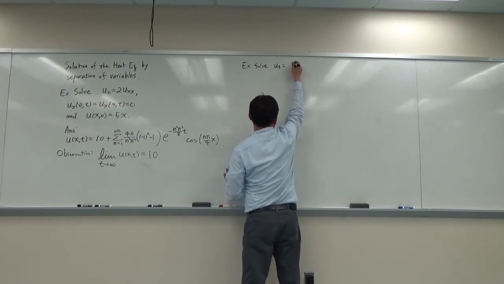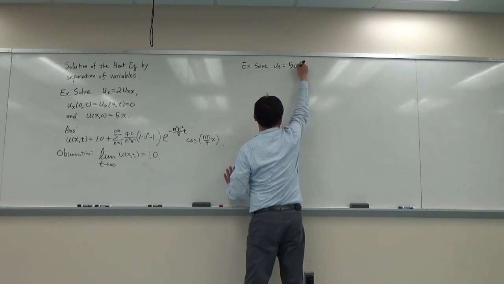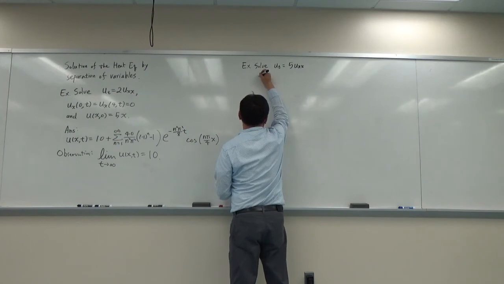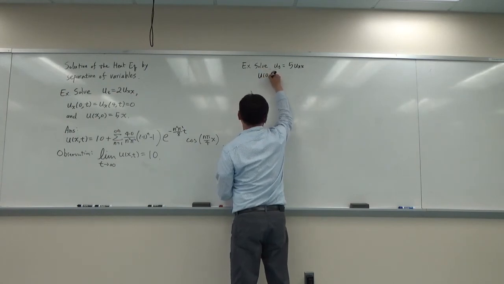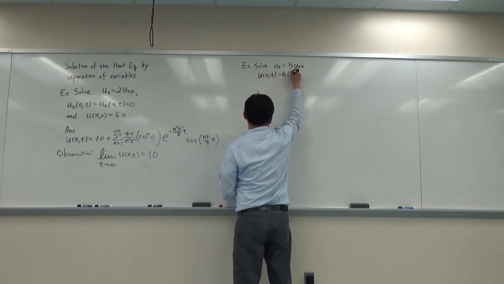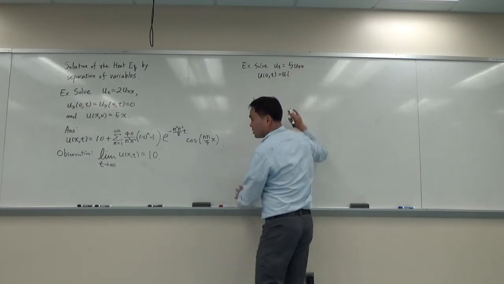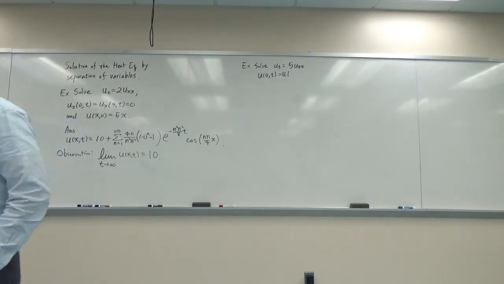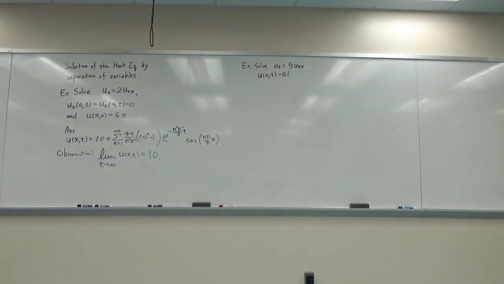Let's put 5 u_xx, and then u(0,t) equals u of, can somebody tell me what the Sturm-Liouville problem we ended with last time was? That was the ones that came up with a sine. Oh, a sine, right? Yeah. Oh, it was also 4. Okay.